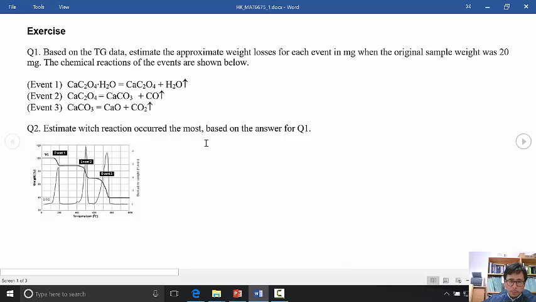And question two is asking, once you know how much of these events are taking place, I'd like you guys to compare which event is taking place more. Perhaps you can compare these events in terms of moles. Please try, and answer will be explained in the following lecture. Good luck.